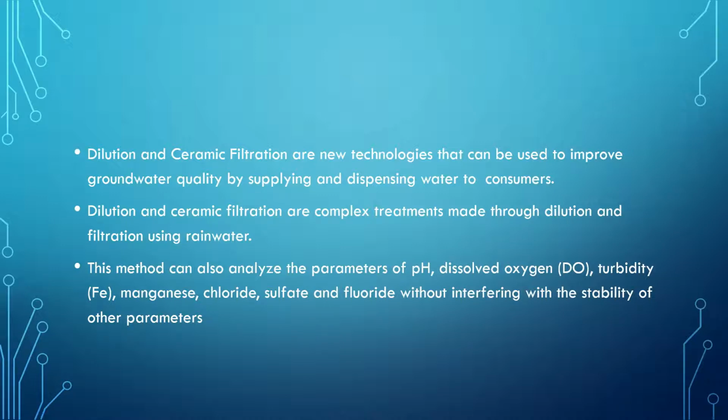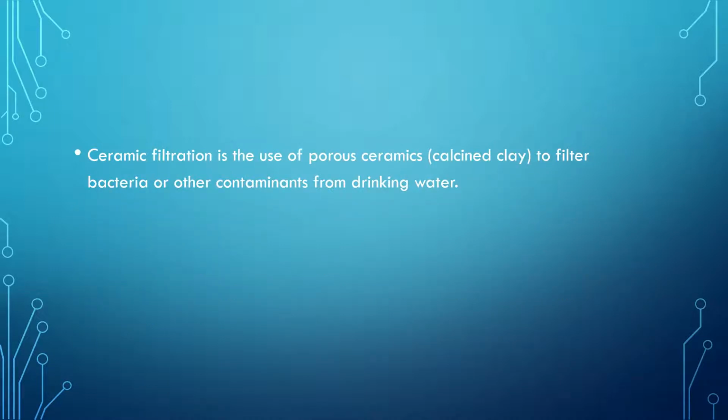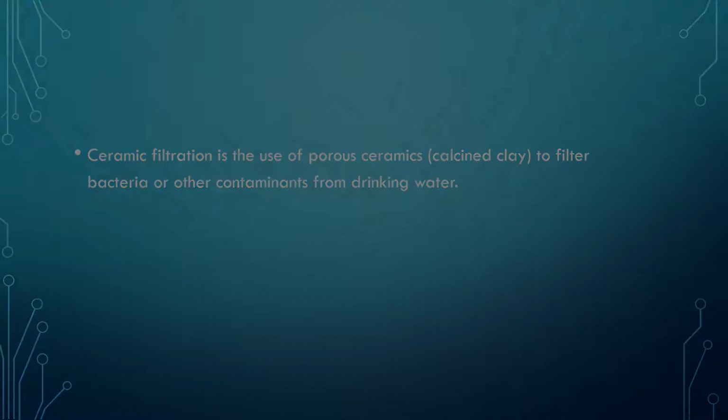This method can also analyze the parameters of pH, dissolved oxygen, turbidity, manganese, chloride, sulfate, and fluoride without interfering with the stability of other parameters. Ceramic filtration is the use of porous ceramic, which is calcium clay, to filter bacteria or other contaminants from drinking water.